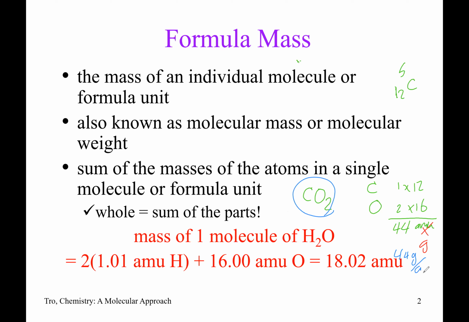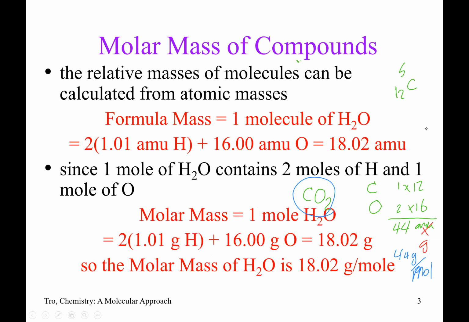So if you have the calculated AMU, change the unit to gram, and that would be the mass for 1 mole, or molar mass. What does molar mass mean? It is the mass for 1 mole. Molecular mass is the mass expressed in AMU. Molar mass would be the mass expressed in gram.